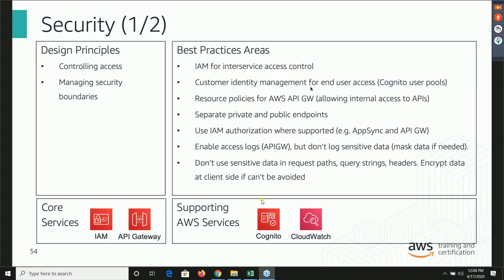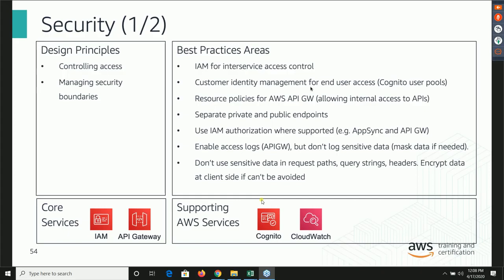So also from an API gateway, it's great to enable access logs, to help you understand where your requests are coming from and what those requests are. But the only trick here is that you do not typically put the access URLs in the log.